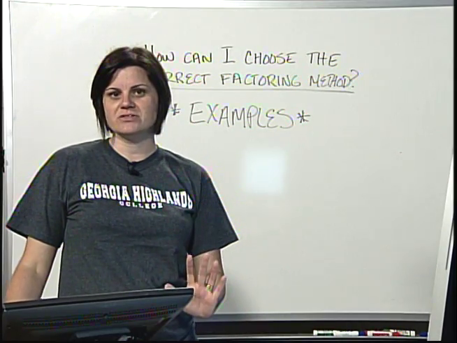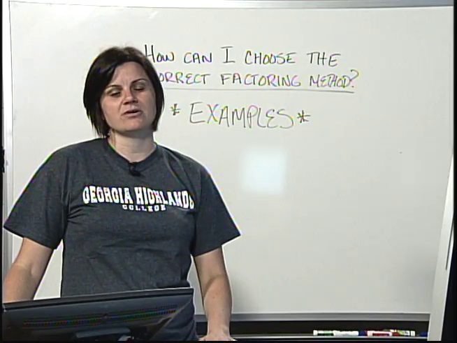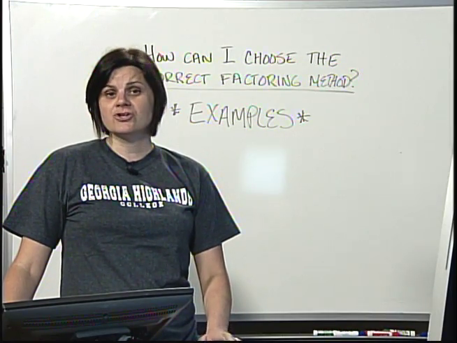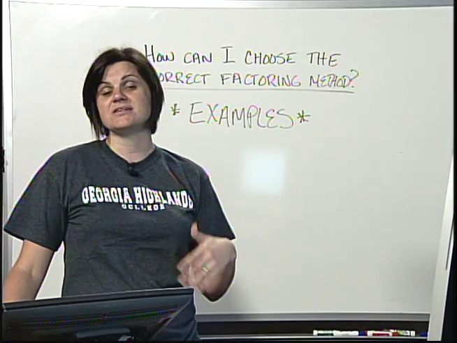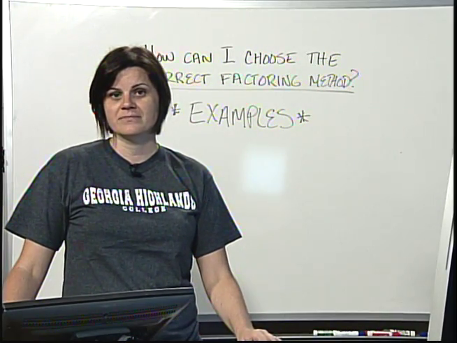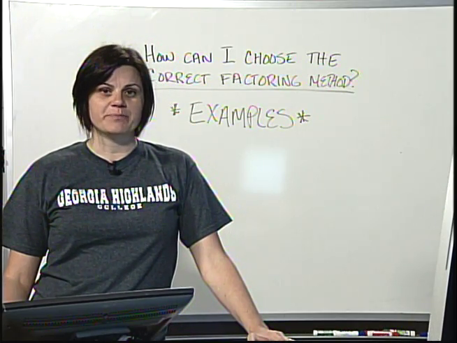And there are different methods for each of those. And then you'll apply the factoring method. Make sure that when you get done factoring, you check each of the factors to see if they can be factored further. Do so if needed, and then finally check with multiplication.